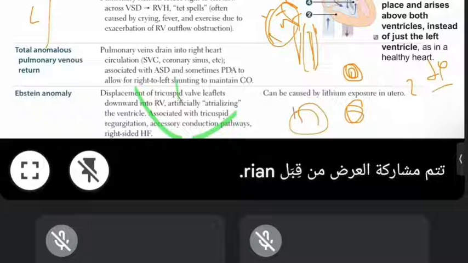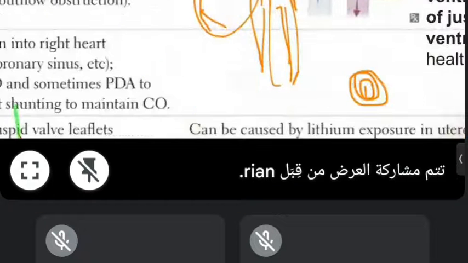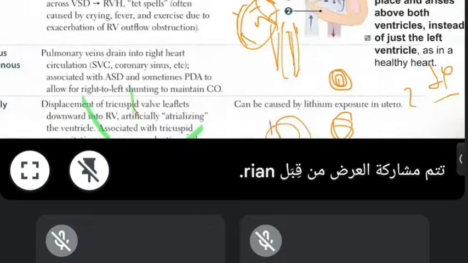Now this is the first thing, that you have pulmonary stenosis. As you can see here in the picture, this is the pulmonary artery, pulmonary valve. You have this pulmonary valve stenosed, narrowed, and this is what determines the prognosis.